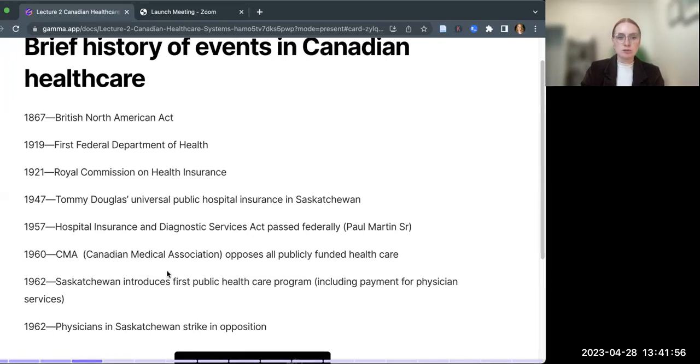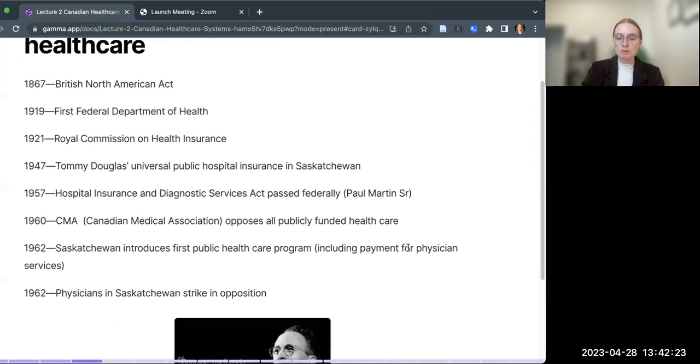In 1962, Saskatchewan was actually the first to introduce a public healthcare program, including one that paid for all people who lived in Saskatchewan to be able to access physician services. So it first started off in the hospital and then later moved out of the hospital to all physician services. And in 1962, the physicians in Saskatchewan actually did strike in opposition to this public coverage.